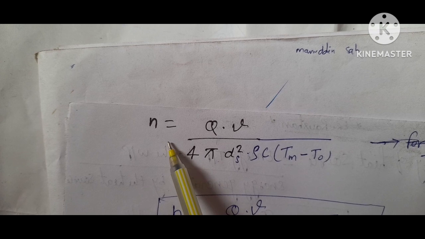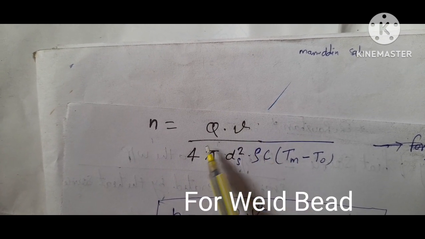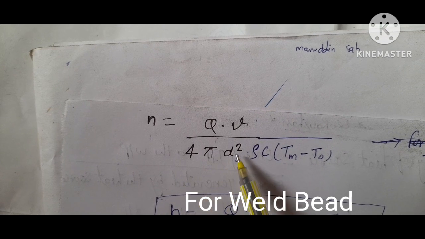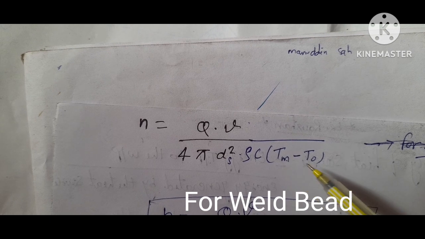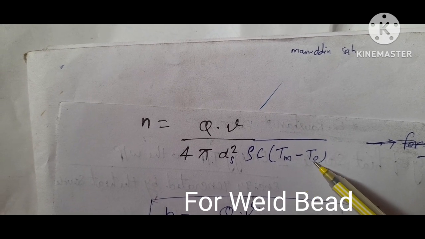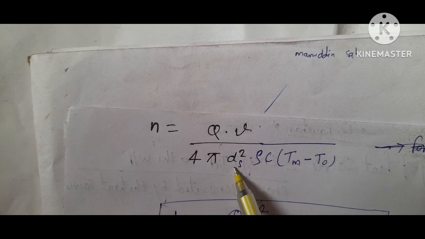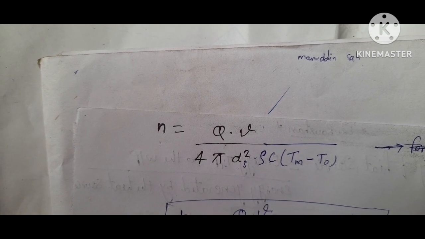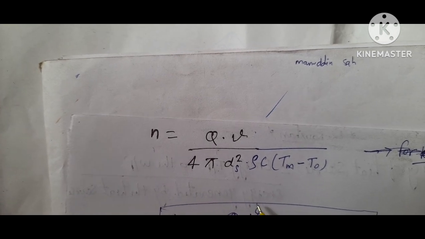So now your formula becomes N equals q times travel speed V divided by 4 pi alpha S square rho C times (melting temperature minus T naught, the weld start temperature of the workpiece). Alpha S is the thermal diffusivity of the base metal in the solid state.